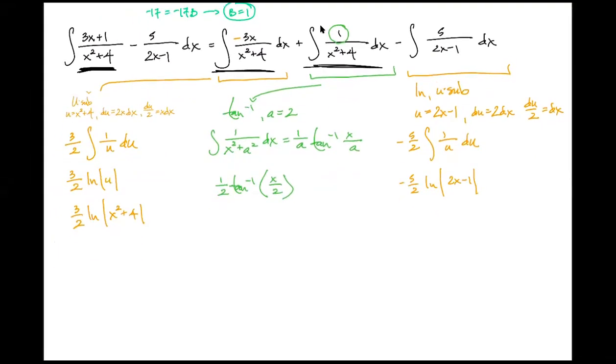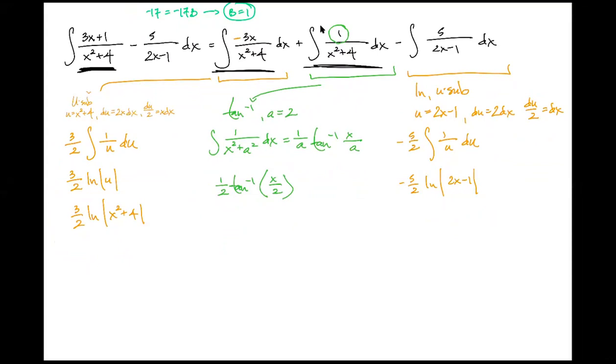So every single fraction required a different technique, a mix of u sub, some inverse trig, and natural log, okay? Now, those are, I would say, the most common ones, in addition to the power rule, like if we have a u squared on the bottom or u to the third on the bottom. Those are the main techniques that we tend to use here.